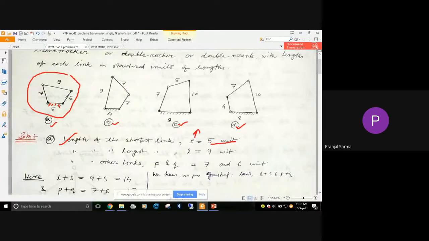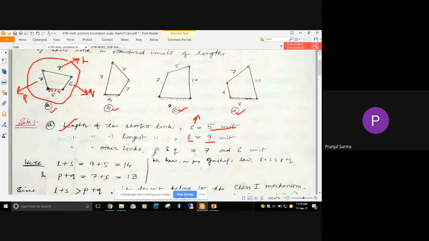Then we know this is the largest, that is L, the longest link, equal to 9 units. And the other two links are this one and this one. You can consider any one as P, any one as Q. So the lengths of the other two links P and Q are 7 units and 6 units respectively.